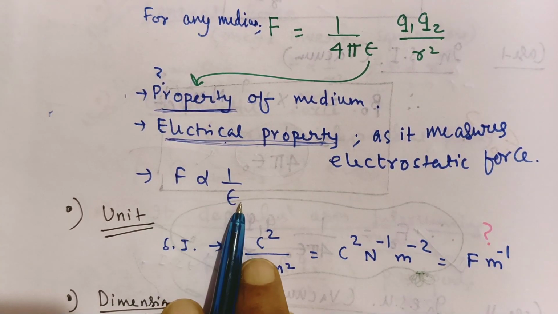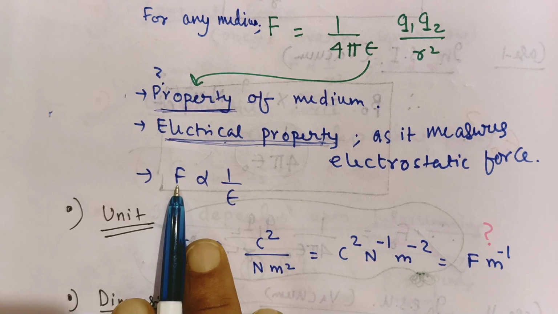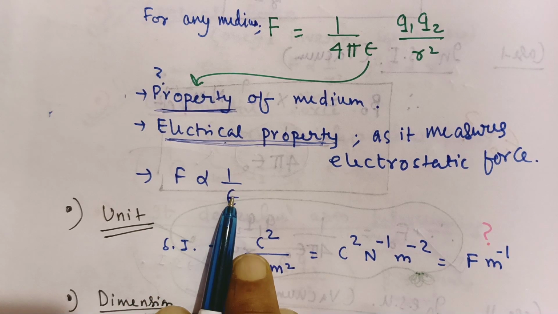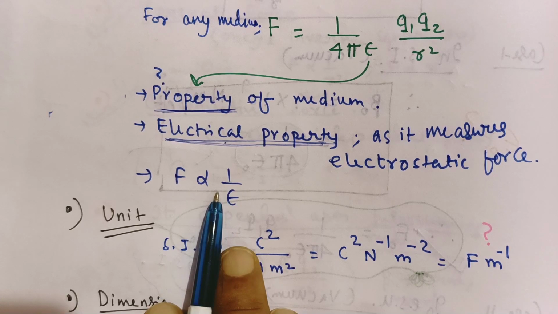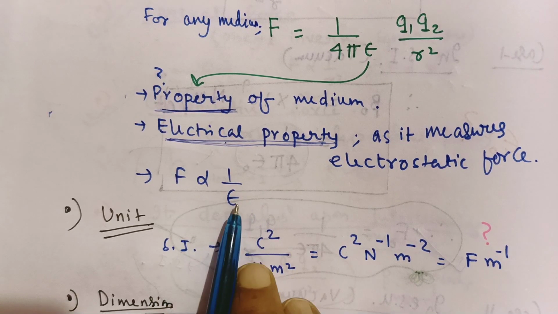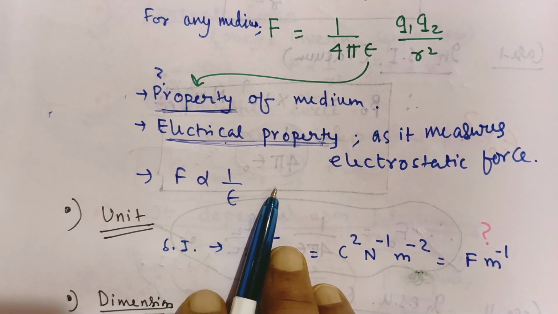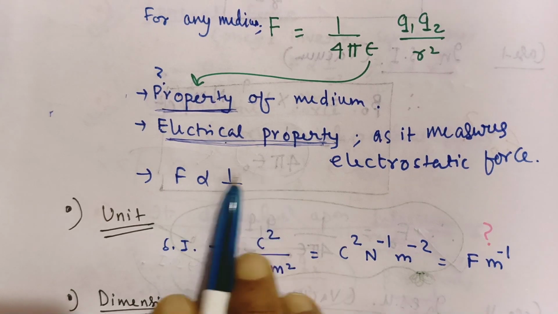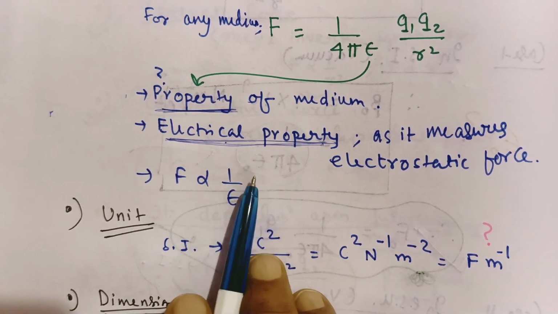If you increase the permittivity, then the electrostatic force decreases. So I am again repeating the definition. Permittivity of a medium is defined as its electrical property. With increasing permittivity, the electrostatic force between two charged particles decreases. This is the simple definition of permittivity.